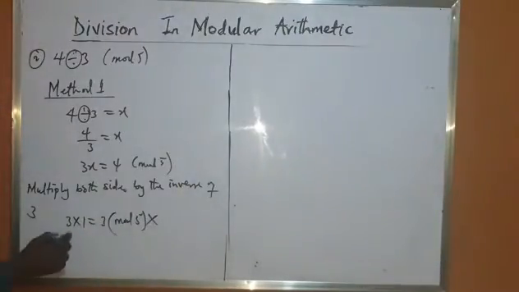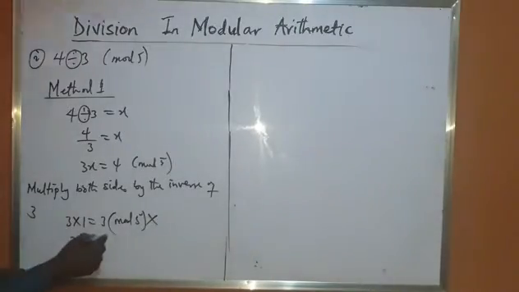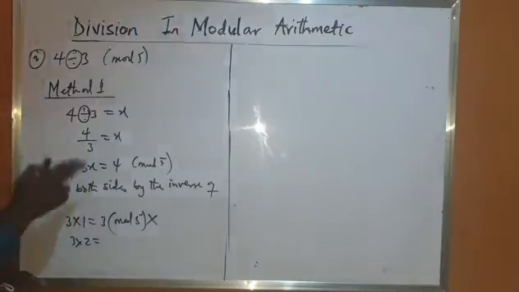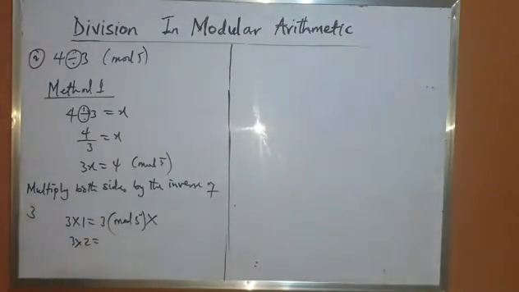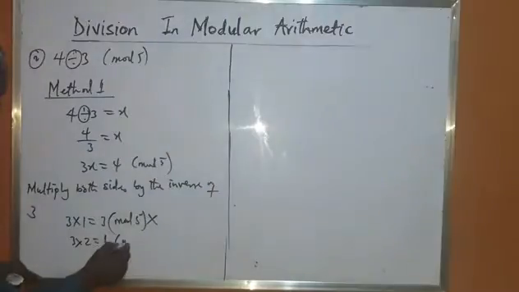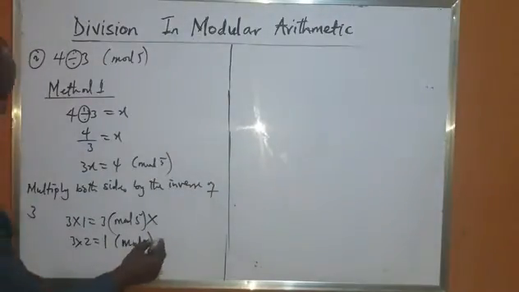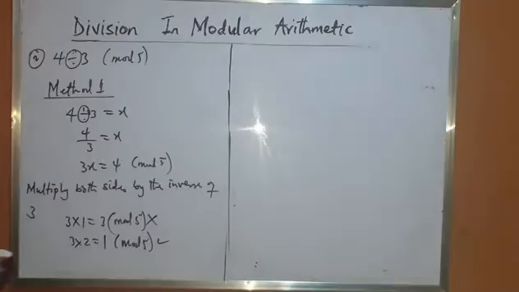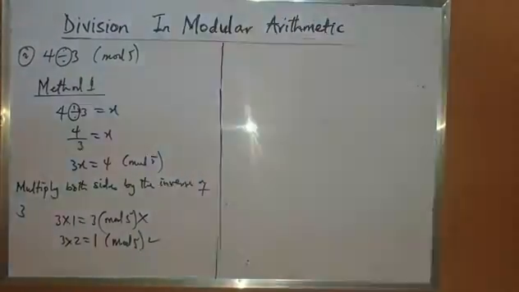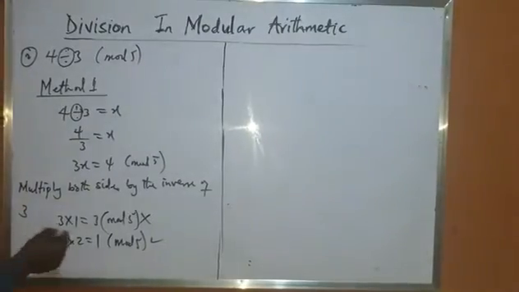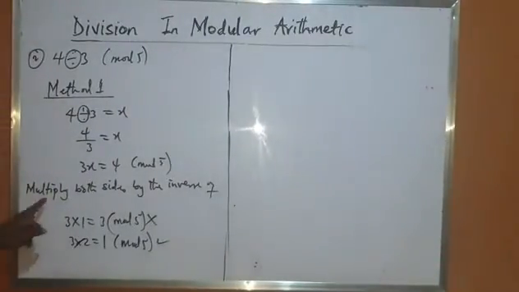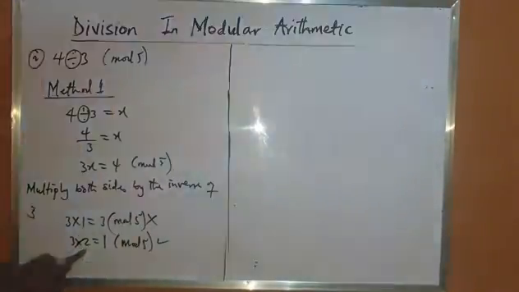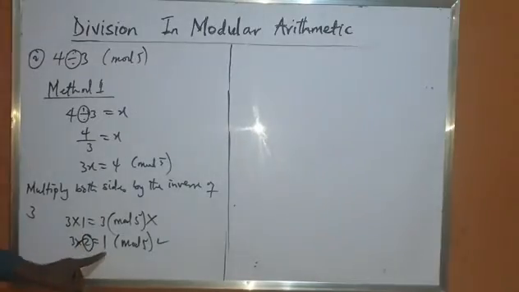So this will not work. 3 times 2, that is 6. 6 divided by 5, that is what? 1 mod 5. This is correct, right? So we can make use of this one. So this works. We are going to multiply both sides by the inverse of 3. So the inverse of 3 here is going to be what? 2. Because this gives us 1.